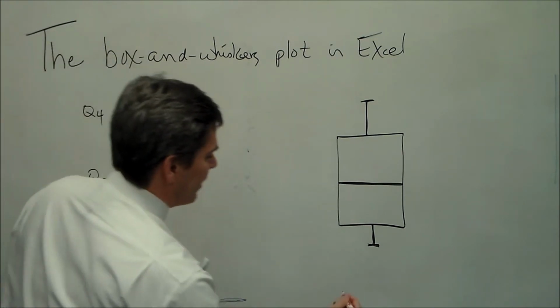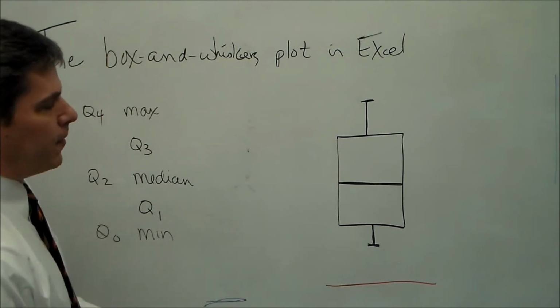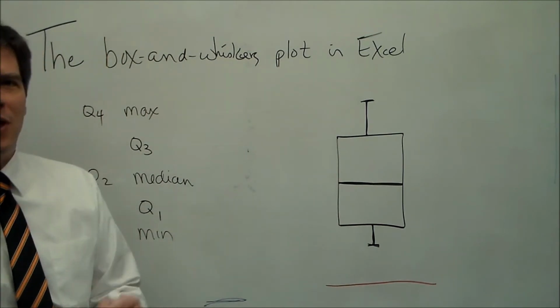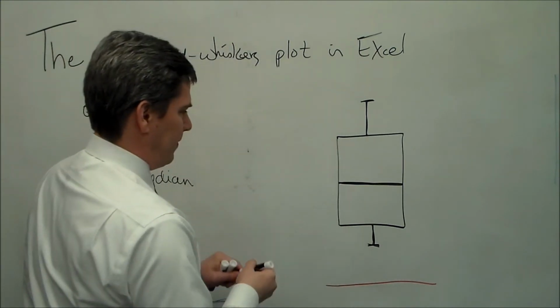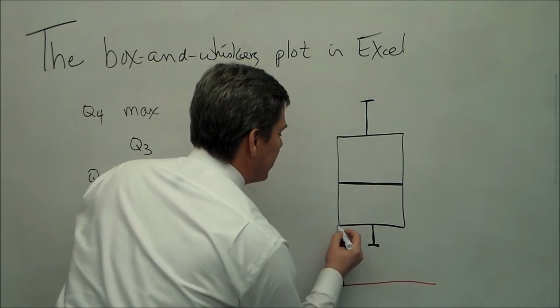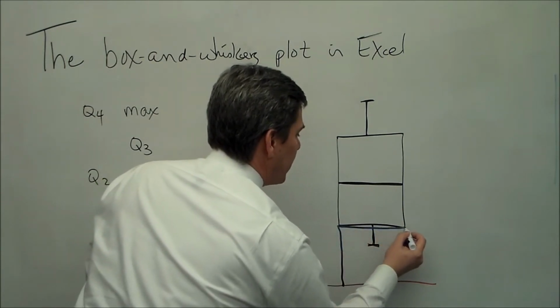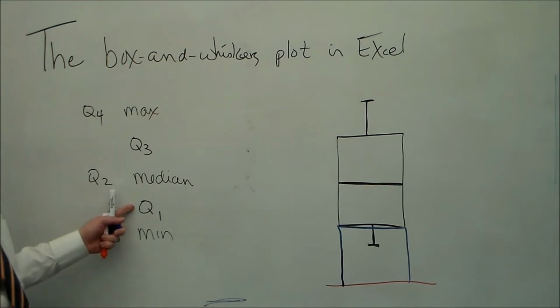Let's put 0 down here at the bottom. First, you're going to draw, we'll call it box 1. Box 1 is going to go from 0 up to there. The height of that is going to be Q1.